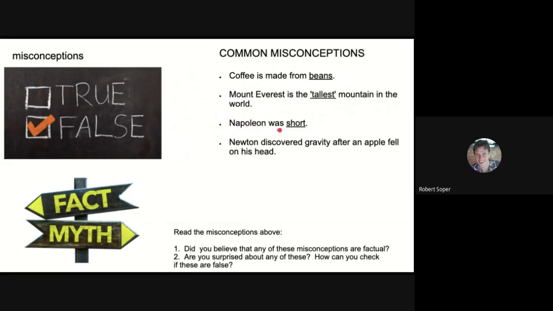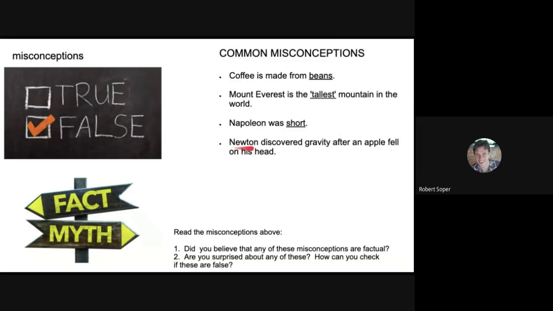But in reality, Napoleon was never short. Napoleon was taller than the average French person. It was something like 5'10" or 5'9", which is taller than the average French person of his day. In fact, it's taller than lots of people around the world today.